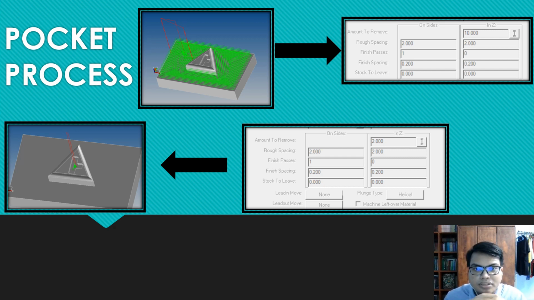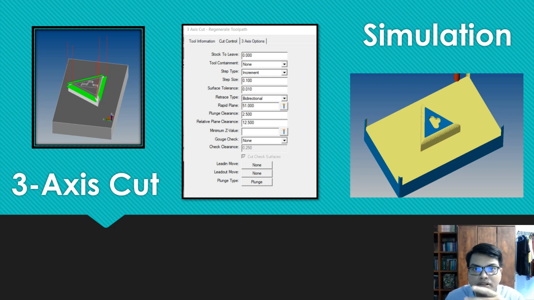And the second picture is creating the two-axis pocket inside the triangle form while paying special attention to the three-junction logo, which has a depth of 2 mm. The left side picture is the process to create a contour using a three-axis cut. For running the three-axis operation, the step size and surface tolerance are very important in this procedure.